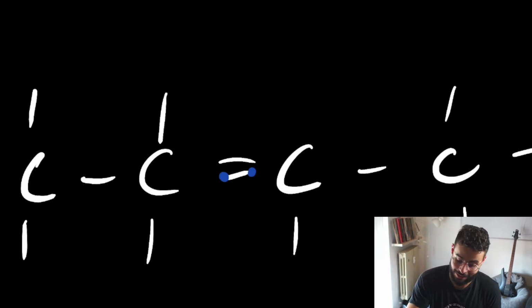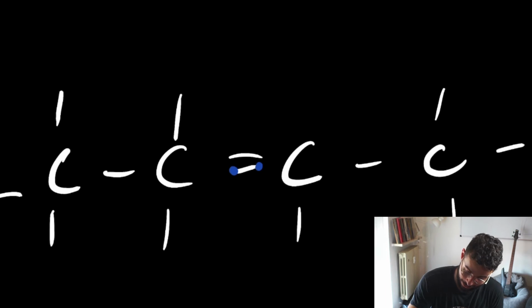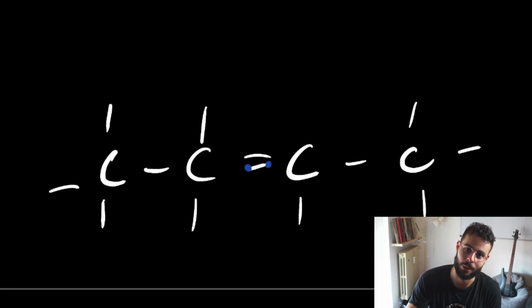So we get two carbon atoms that each have only 3 atoms connected to them. And it happens when we have a double bond between different carbon atoms inside a molecule. Don't let it overwhelm you.